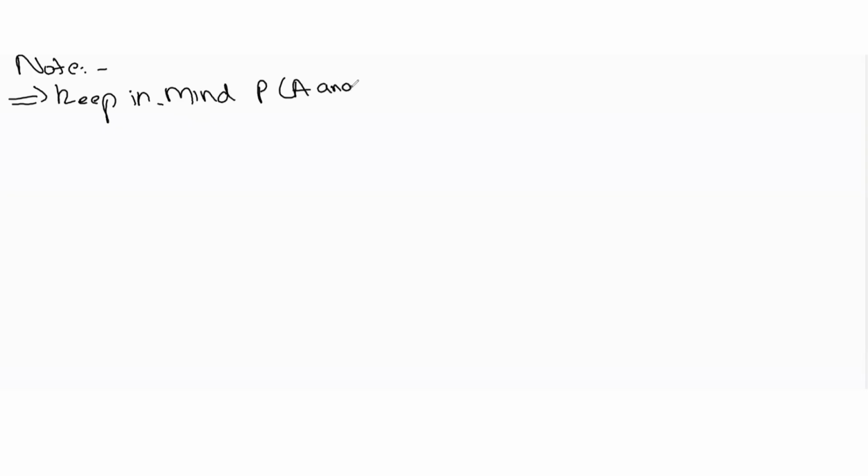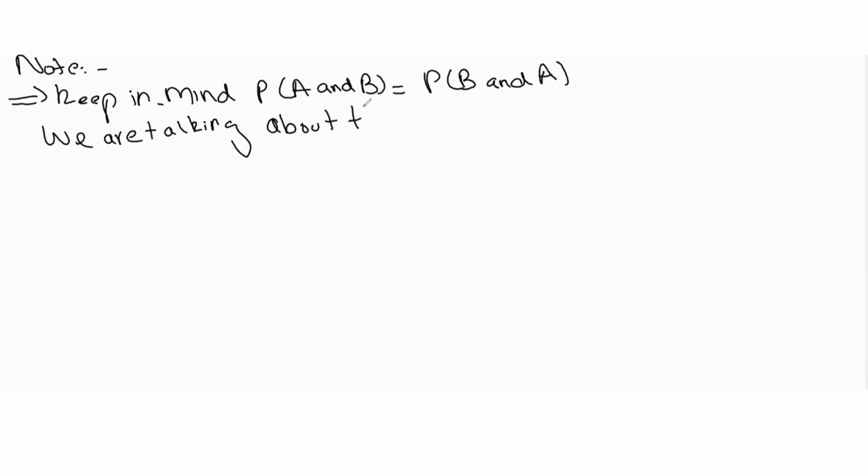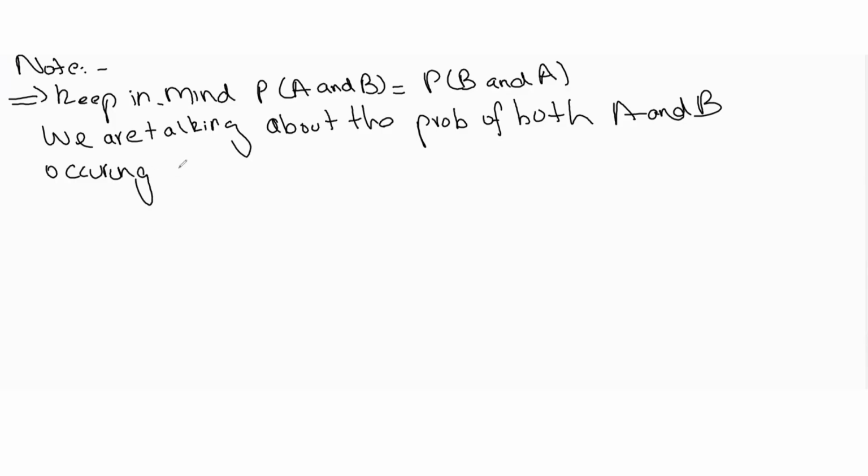Probability of A and B is the same as probability of B and A. So probability of A intersection B is the same as probability of B intersection A. We are talking about the probability of both A and B occurring at the same time.